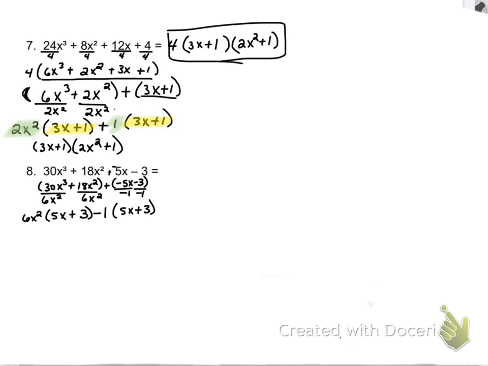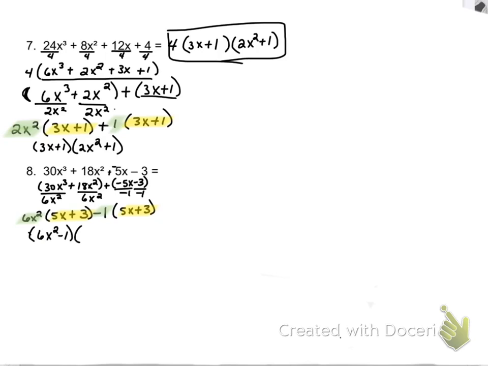Then, like I said, one factor is what's already in parentheses. That's your 5x plus 3. And your other factor are the numbers found in front of the parentheses. So when you write your answer then, you're going to put parentheses 6x squared minus 1.